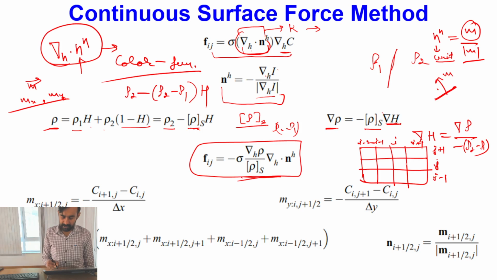I am trying to calculate the value at point i plus 1 by 2 comma j. All are clear with this point? At i plus 1 by 2 comma j, this is the midpoint between the two nodes. So at the midpoint between the two nodes, I can simply apply the central difference scheme. So that is how I have calculated C at i plus 1 comma j minus Cij by delta x. Can you tell me why I have written this?